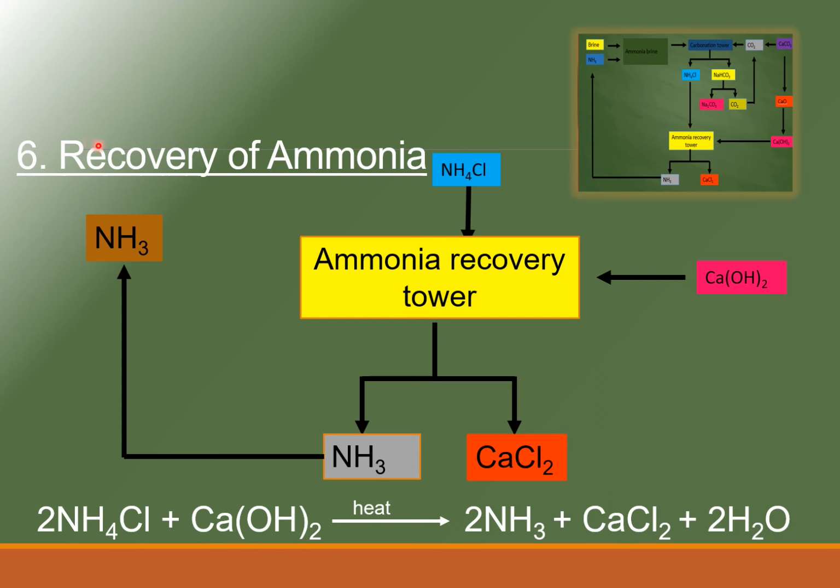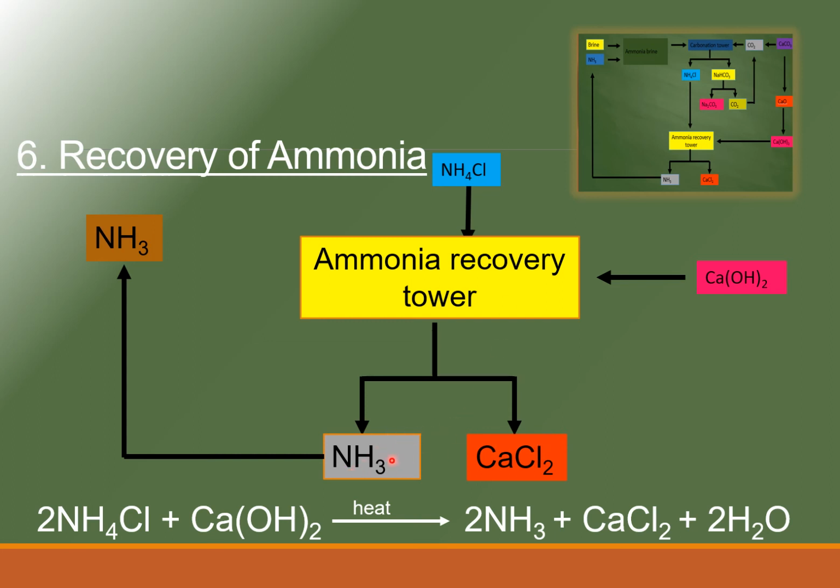Now the sixth step is the recovery of ammonia. In this step, the solution containing ammonium chloride produced in the carbonation tower is heated with slaked lime, calcium hydroxide. In the ammonia recovery tower, we then get ammonia and calcium chloride.